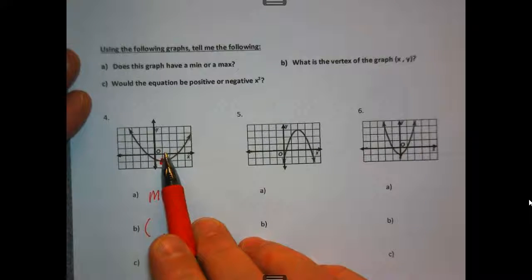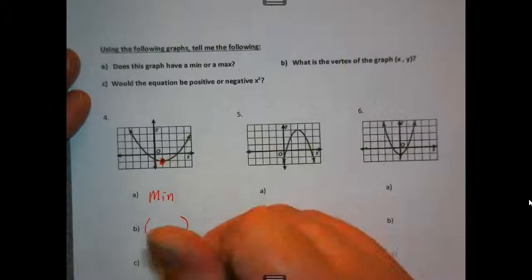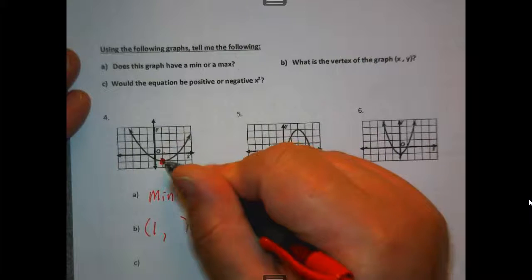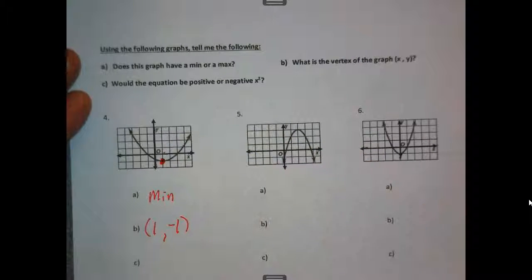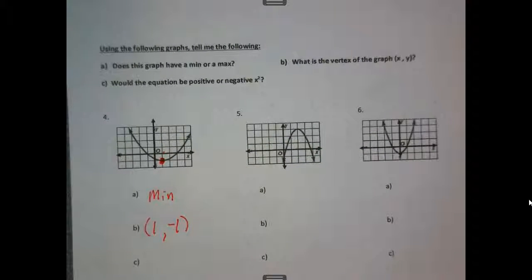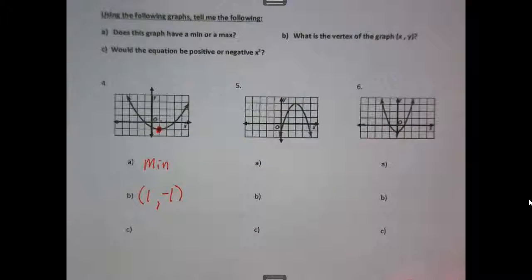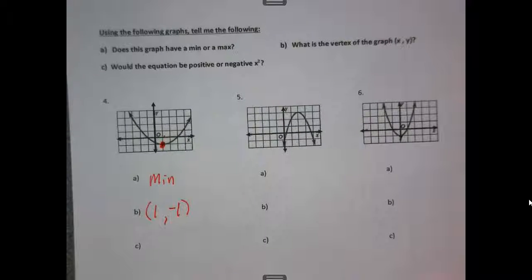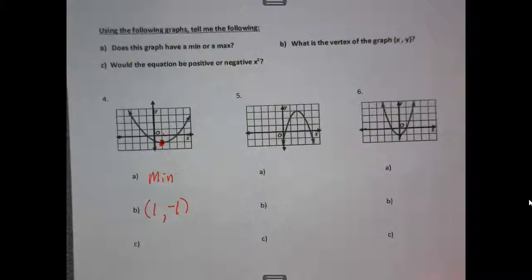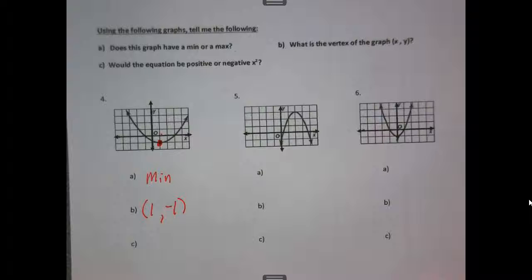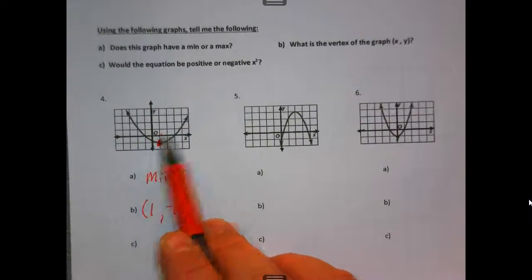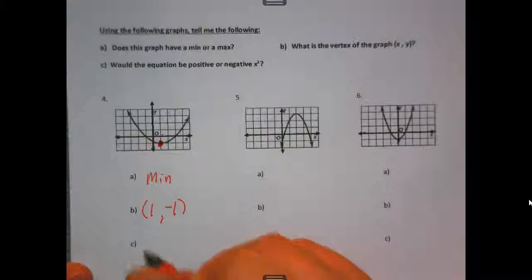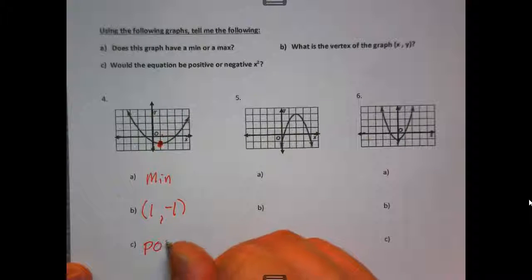So it's going to be x, which is 1, comma, -1. That's the ordered pair. Guys, cut it out. Don't break my calculator. And C, would the equation be a positive or negative? Well, again, it's opening upward, so A is going to be positive.